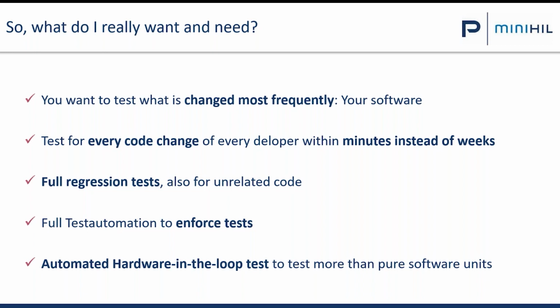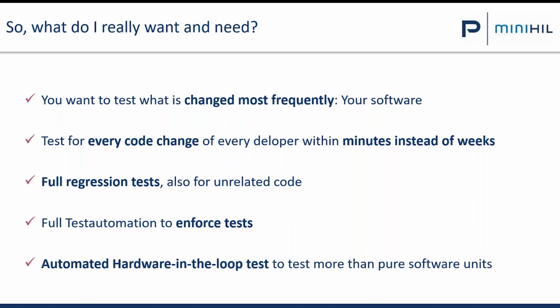But it's typical to have 10, 20, 30, 40 software changes a day. So you want to test this very frequently. Then you want to test every code change of every developer within minutes instead of weeks. You want a full regression test also for unrelated code.